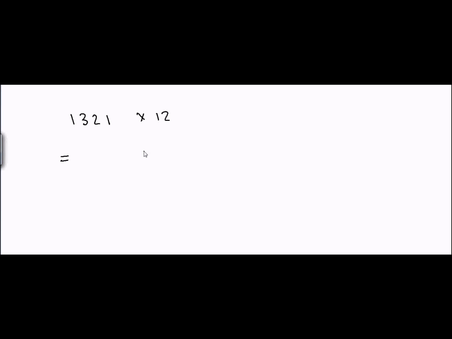Then 3 into 2 plus the number on the left, that is 2, so 3 into 2 is 6 plus 2 is 8, so your answer is 8 here. Then the next number 1, so 1 into 2 plus the number on the left, that is 2 plus 3, that is 5. I'll say 5 here and then 1 in the end, so that is your answer.